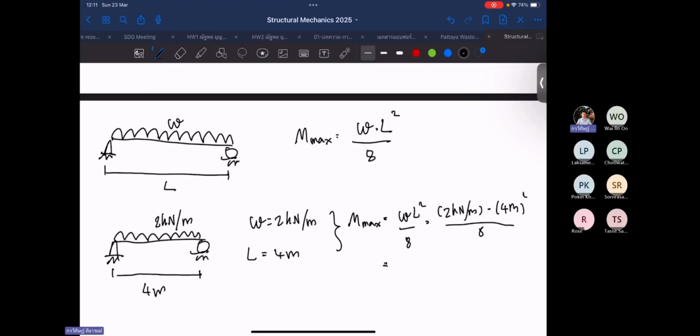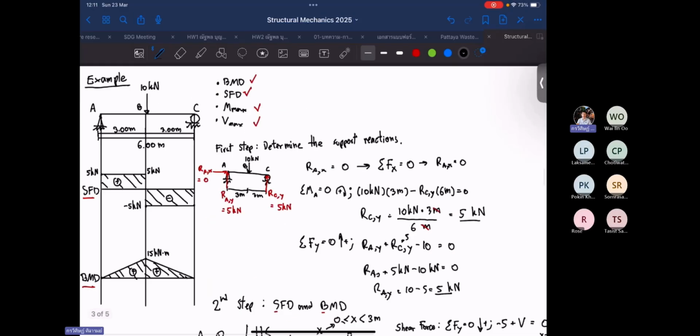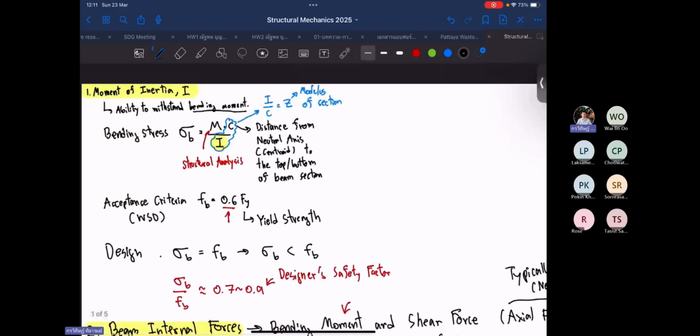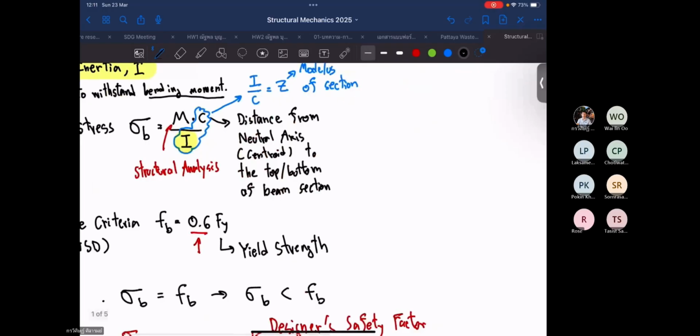So 2 multiplied by 4 square divided by 8 is 4 kilonewton meter, like this. Then the moment diagram of the beam will be in this shape. So to determine the maximum bending moment, the calculation is also easy. M max equals omega L square divided by 8.